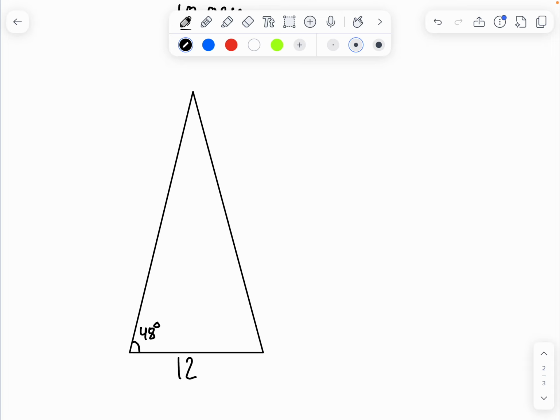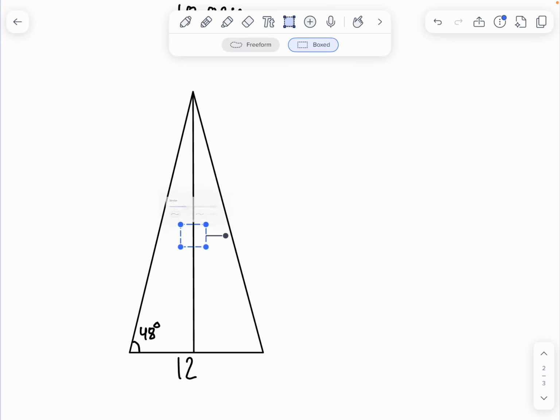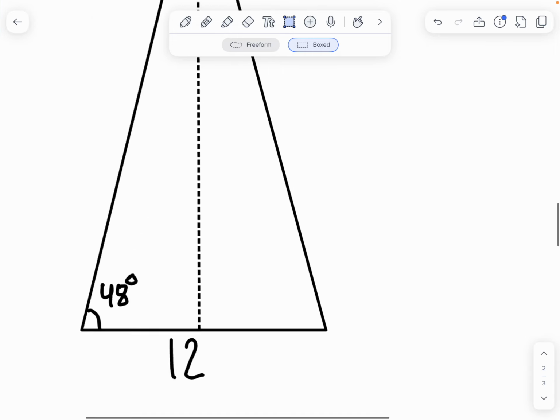Okay, hopefully you've paused the video, and now let's solve. So if you haven't figured out what we're supposed to do, you're supposed to draw an altitude down like this and make 2 right triangles. Because this might be confusing, I am going to be doing a dashed line. Okay, so if we draw an altitude like that, we'd get a 90 degree like this.